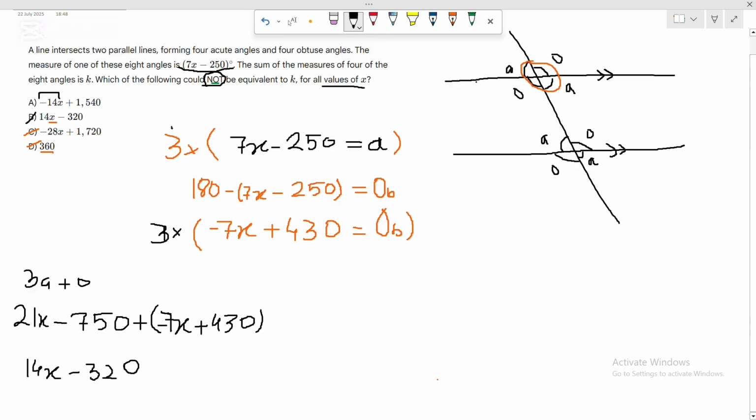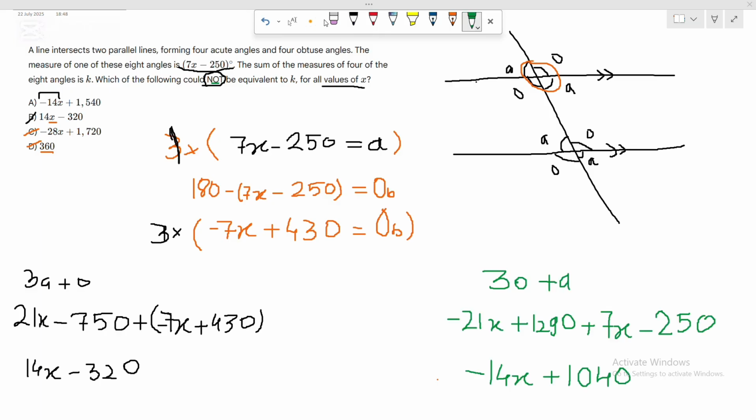So after adding 3 obtuse angles and 1 acute angle, we get minus 14x plus 1040, which is not in the options, because it shows 1540. So this is not possible, and what is not possible is our answer. So A is our answer here.